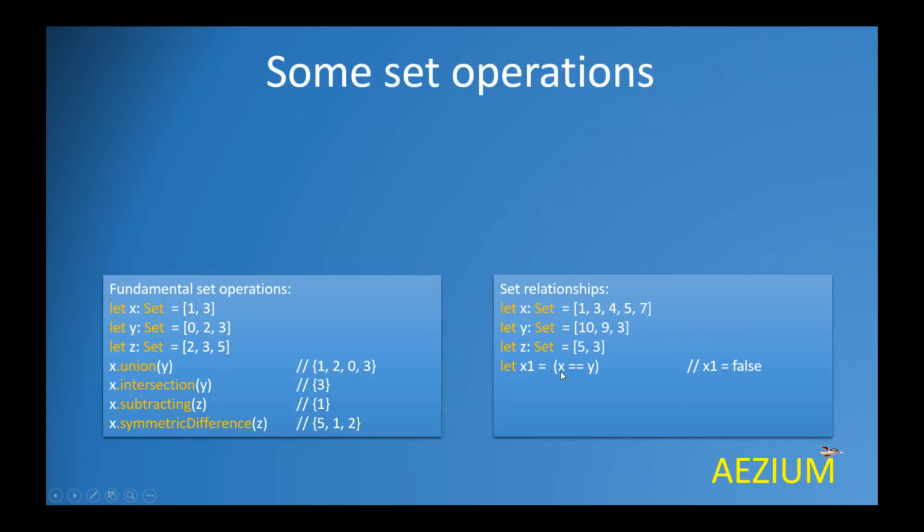The outcome of this would be false or true, depending on whether these two are equal sets. That return value will be assigned to x1 in this particular case. So x is shown here and y is shown as the second line of this code. These two are not the same, so as a result the outcome of this comparison is going to be false, which is assigned to x1, and I'm showing that here.